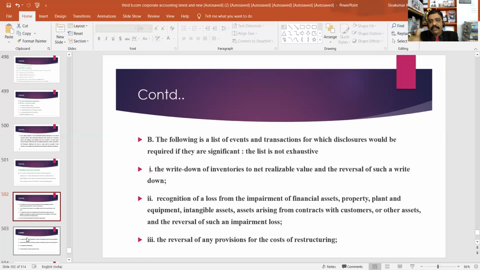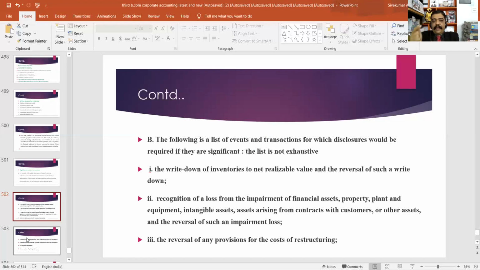You have to disclose those events and transactions if they are significant. First, the write-down of inventories to net realizable value and the reversal of such write-down. You have to report if they are significant. You have to include them in the interim financial report.